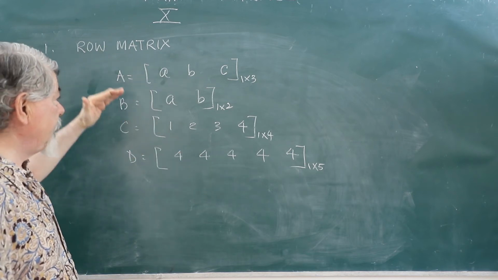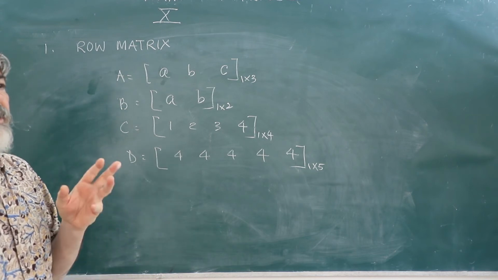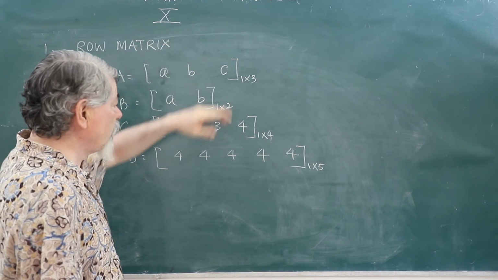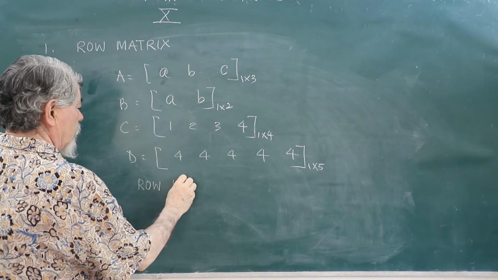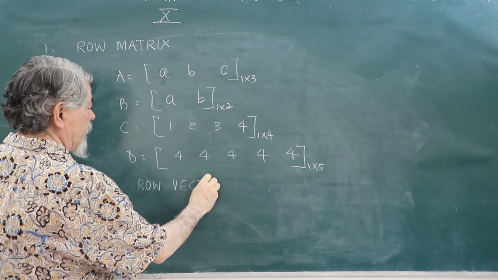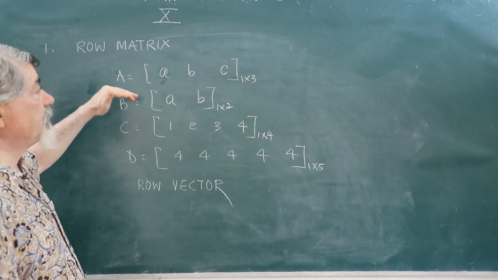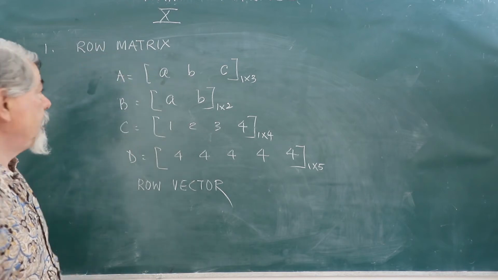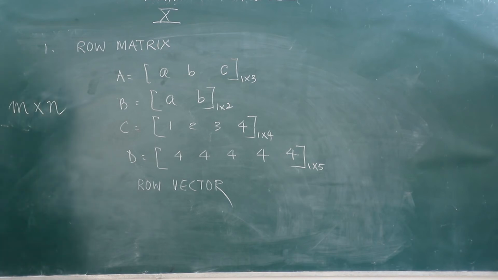In all these A, B, C, D, the number of rows will always be 1. It will be called a row matrix. It is also called a row vector. Please remember that m by n is the order of the matrix.